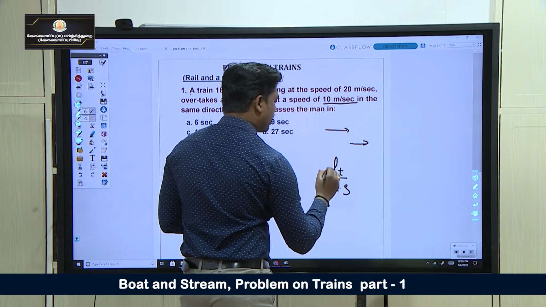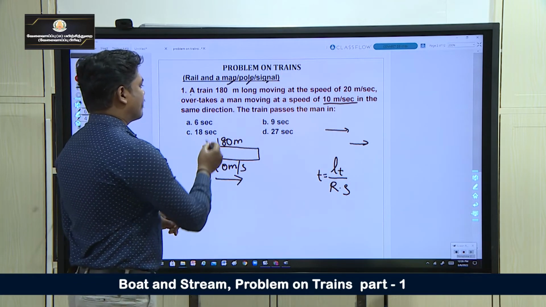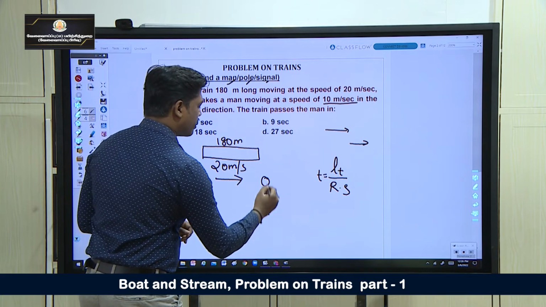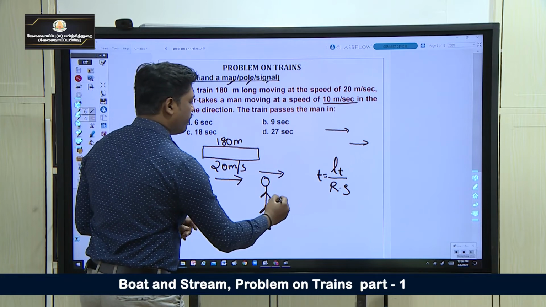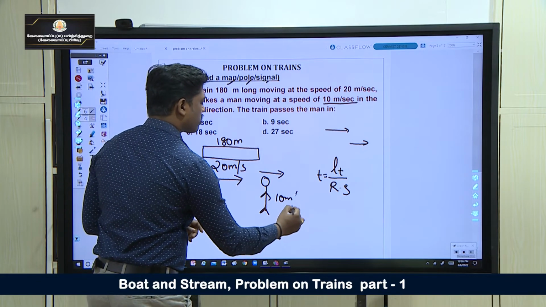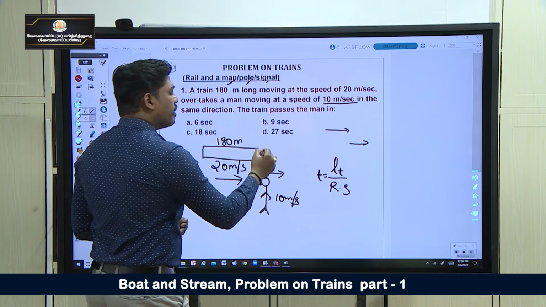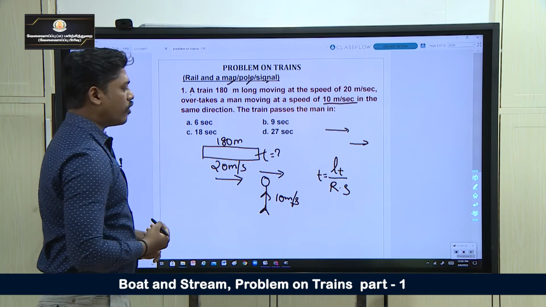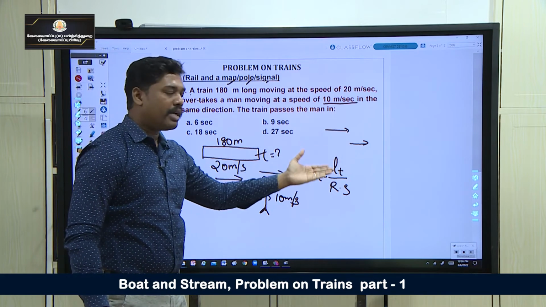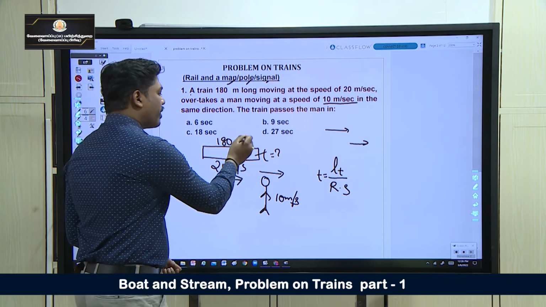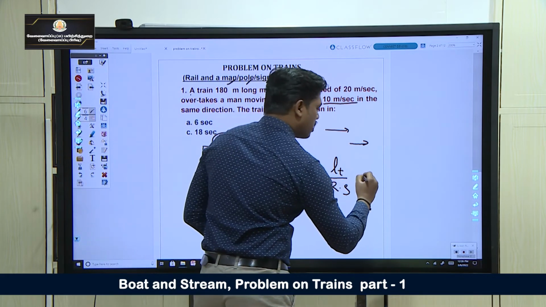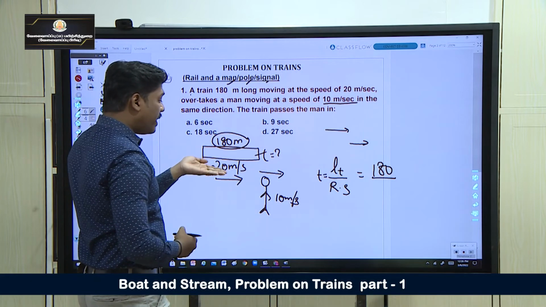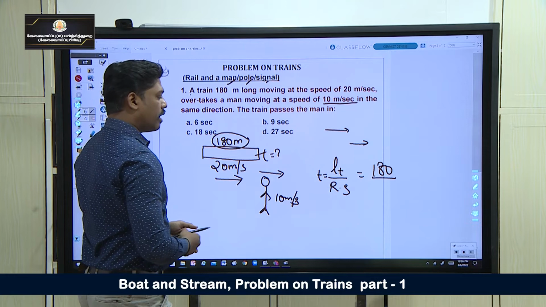Let us see the remaining questions. It overtakes a man moving in the same direction at a speed of 10 meter per second. The train passes the man in how many seconds? The formula is length of train divided by relative speed. Length of train is 180 meter, divided by the speed of train and the speed of man.